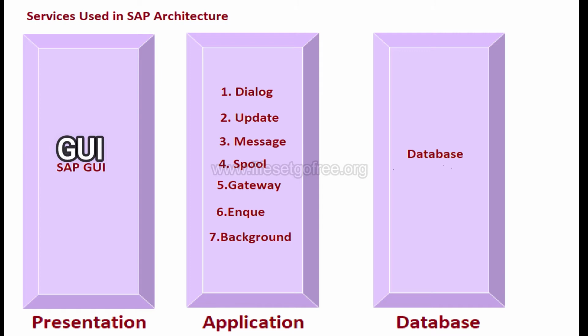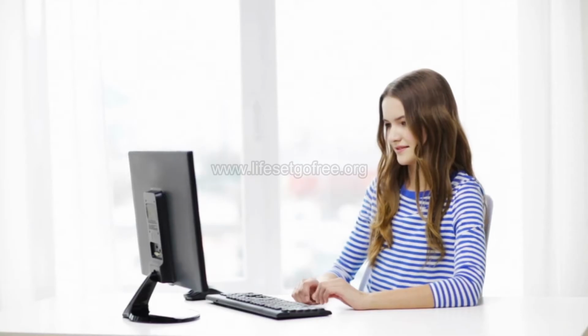That means the graphical user interface, where the data is being requested. Just imagine a simple computer where you are just requesting some data. So the screen that you are looking at is known as the presentation layer, and the service here is GUI.